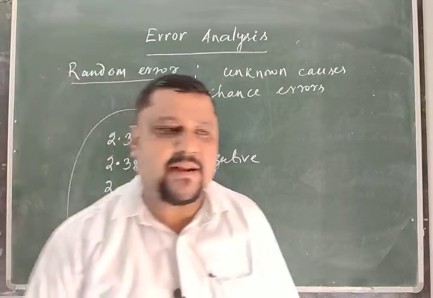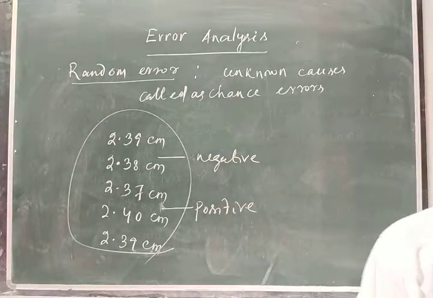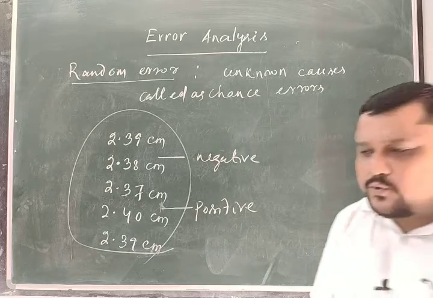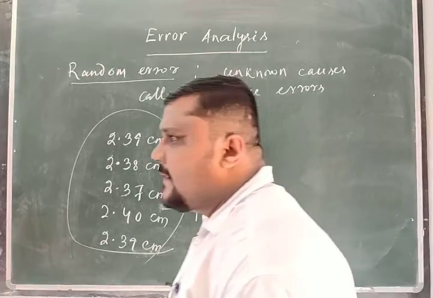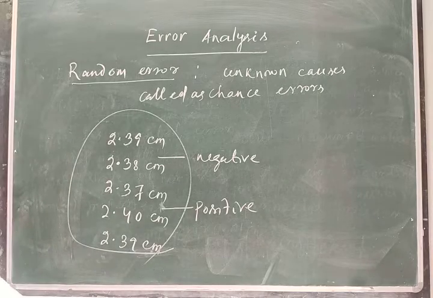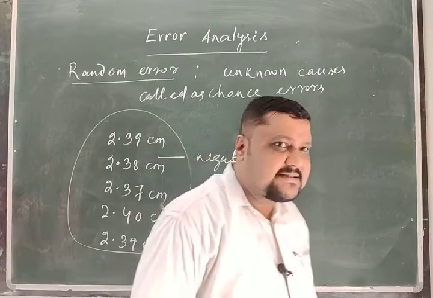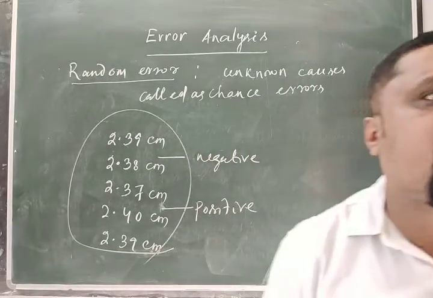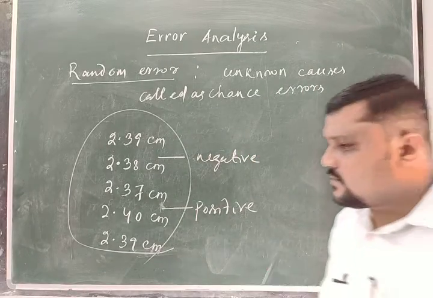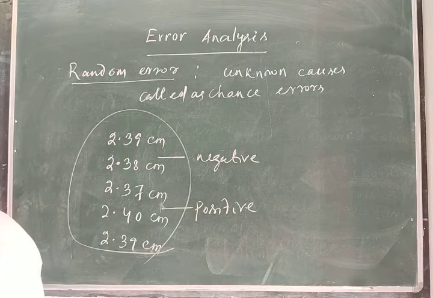But in random error, I don't know the causes, so where will I minimize? So to get the true value, I should analyze this random error more and more.